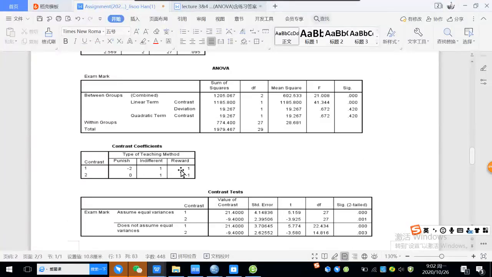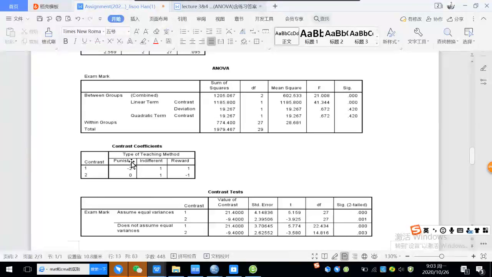If the coefficients are like Jinser's, then it should be like punishment has lower effect than either indifferent or reward.